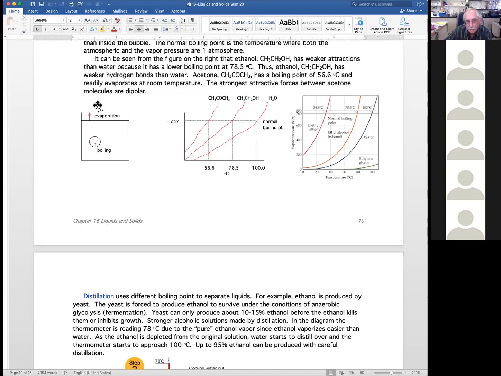Now that we've said that, when you boil water, what's inside those bubbles? Heat? Heat is not a substance. It's gas, right? It's a gas, yeah. What gas could it be?